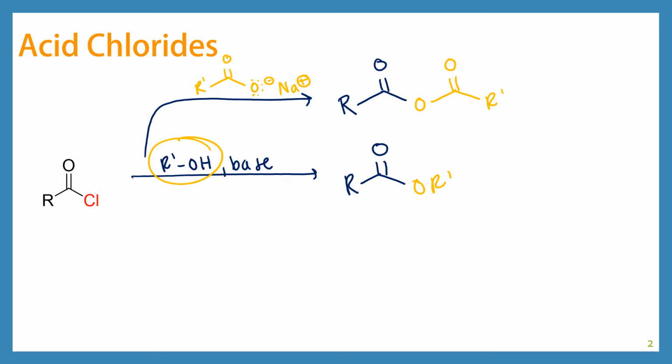We can take an acid chloride and react it with an amine, and we would end up with an amide.